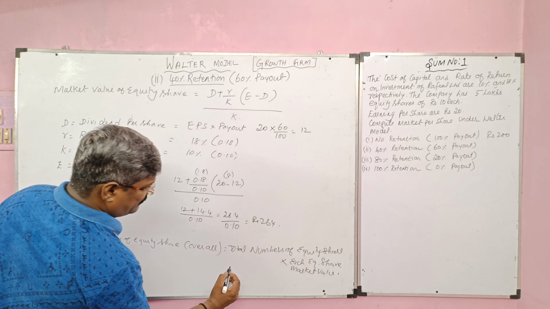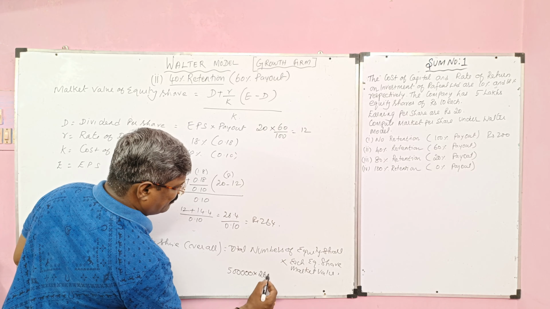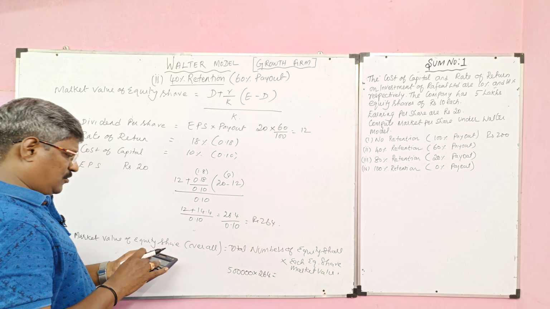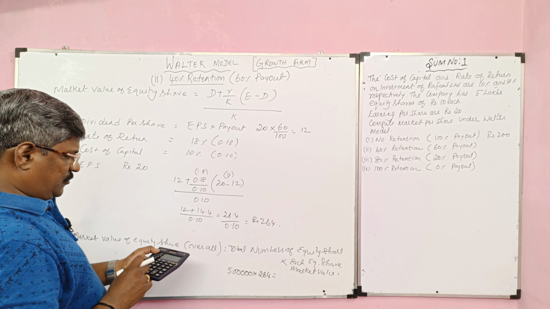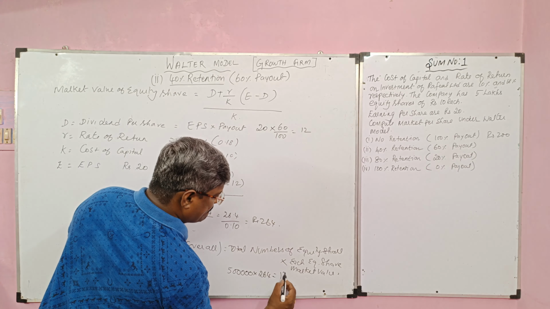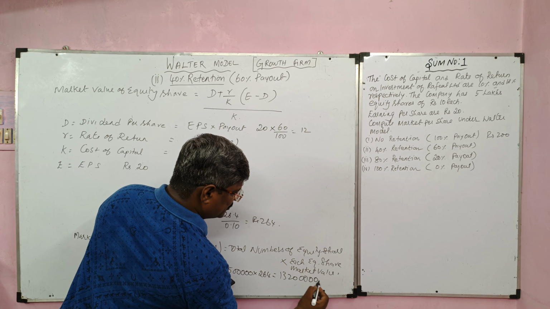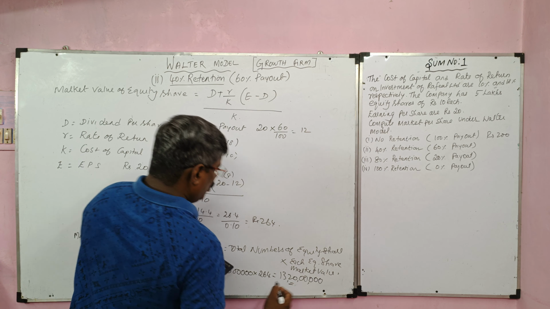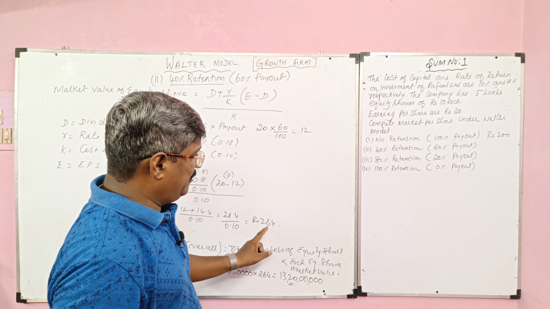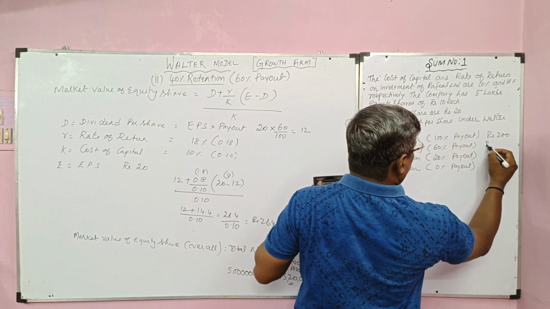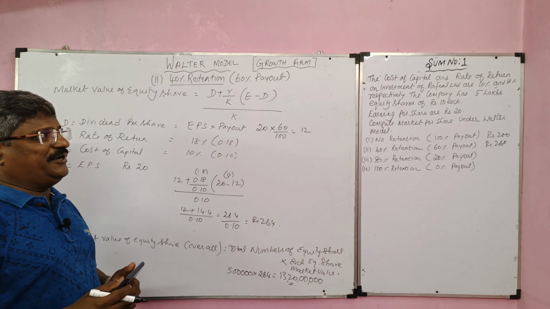Total number of equity shares we know 5 lakh. Each equity share value 264. So 5 lakh multiplied by 264 will get 1320 00 000. So when payout ratio is 60%, market value of per equity share is 264. Students, we completed second situation.